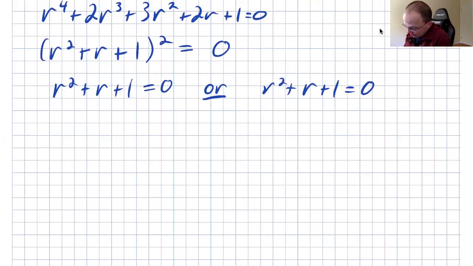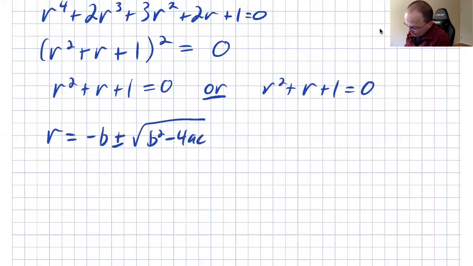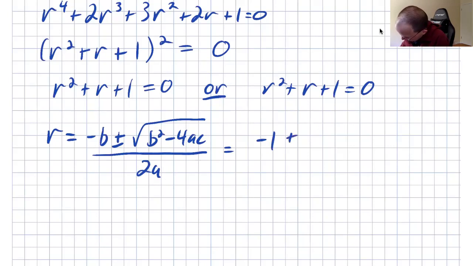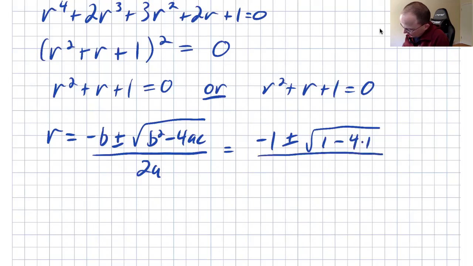So let's see. Let's use the quadratic formula again. Minus 1 plus or minus the square root of 1 minus 4 times 1 times 1, and then divided by 2 times 1.